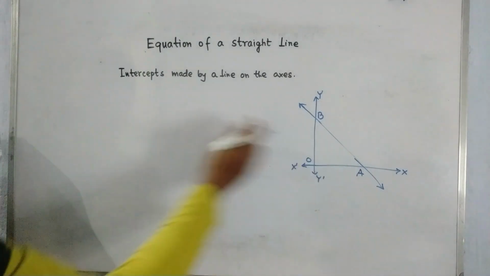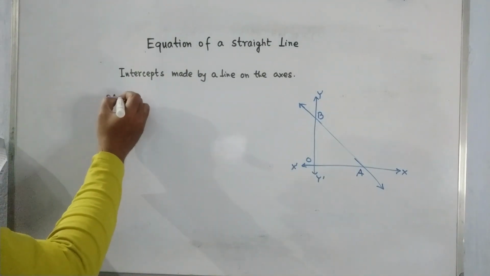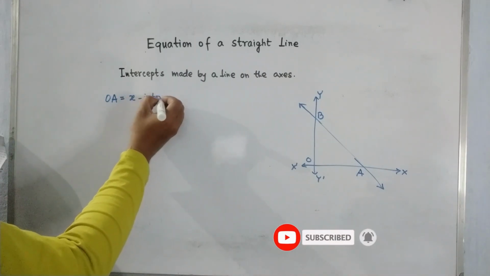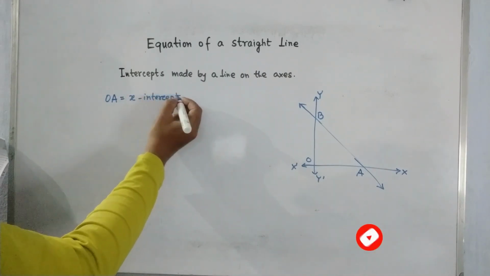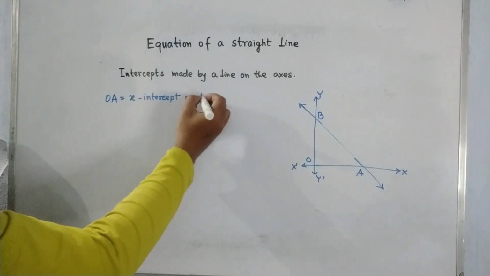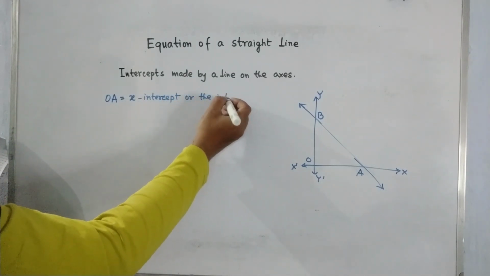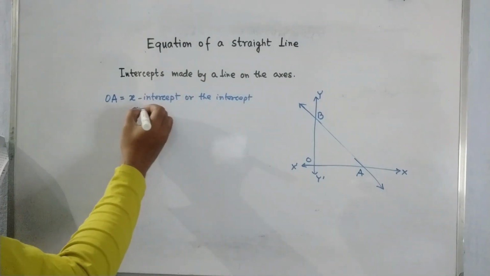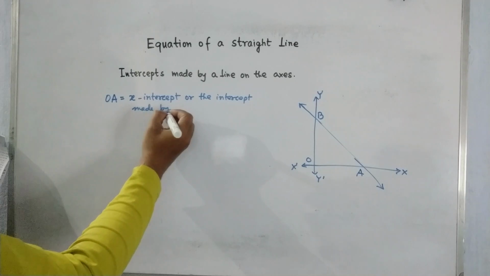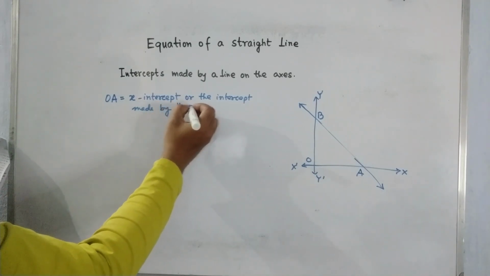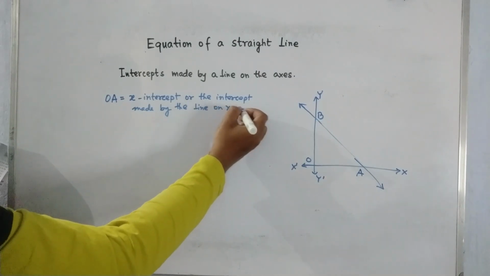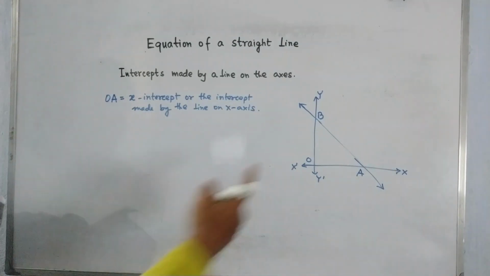Then this OA is called the x-intercept, or the intercept made by the line on the x-axis.